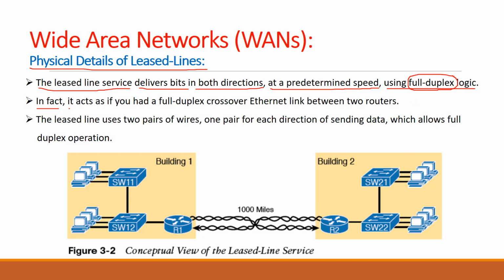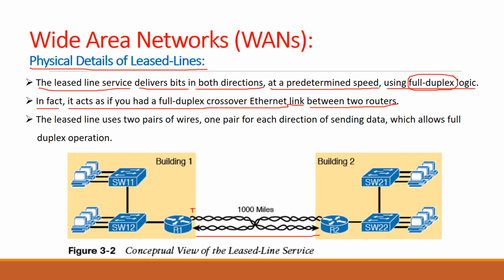In fact, it acts as if you had a full duplex crossover Ethernet link between the two routers. As we mentioned, when you connect two same devices, you should use a crossover cable. So the link looks like a crossover Ethernet link between the two routers.